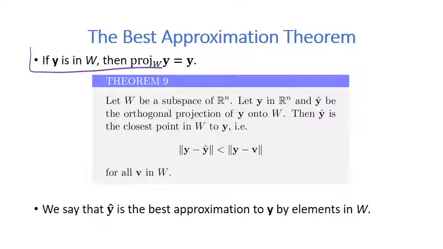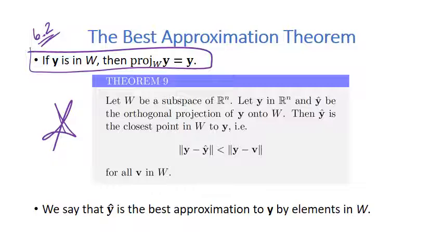So this here is Theorem 5 from section 6.2. We have seen this notation before. Here, this represents the orthogonal projection of vector y onto W. Now in this theorem, what we're interested in finding is the closest point in W. So y hat is the closest point in W to y.